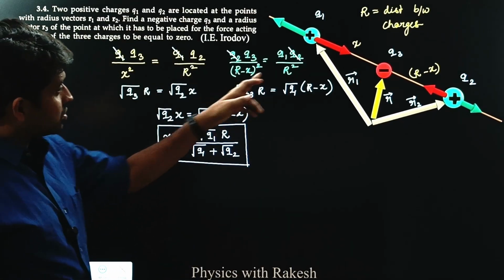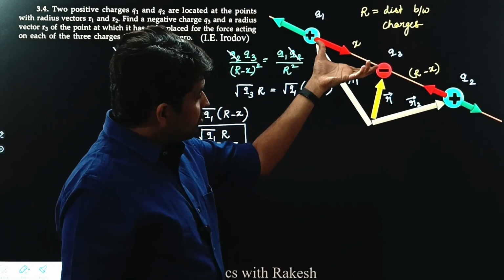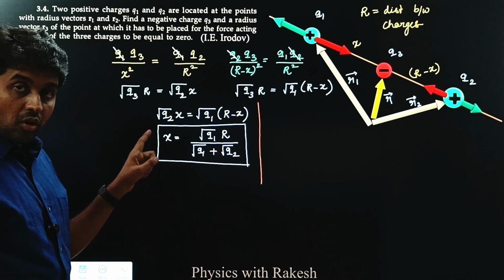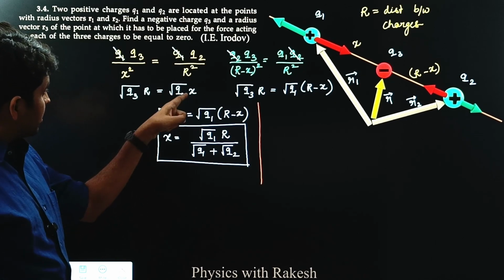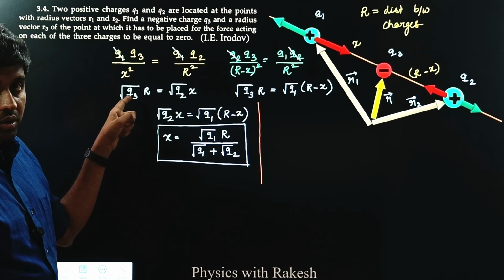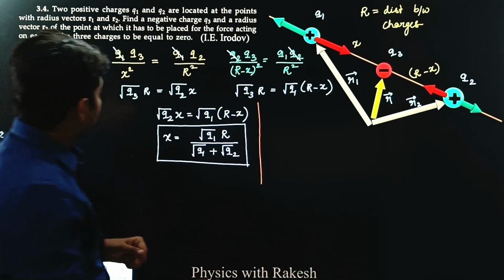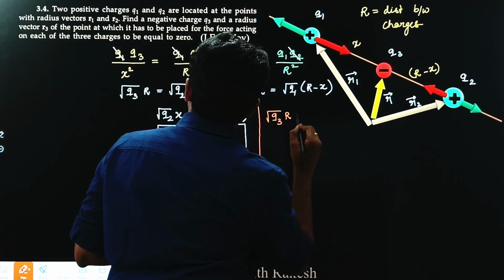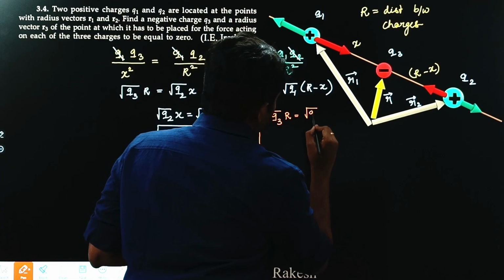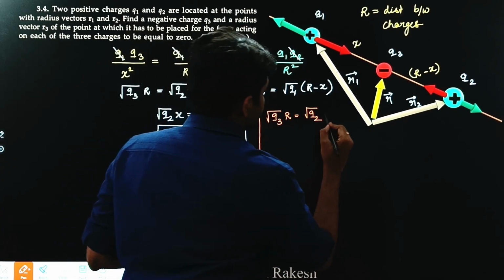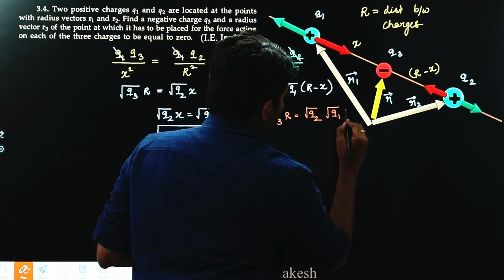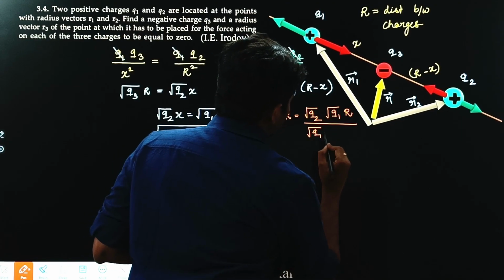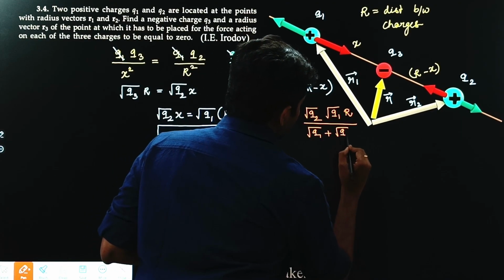We do not want x, we need r bar, but we have found one part of this. Now we have got x. We can keep this x here and get the value of q3 from here. If I keep x here, what will I get? Root q3 r equal to root q2 into x, which is root q1 r divided by root q1 plus root q2.